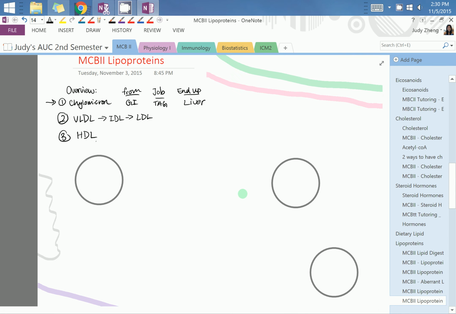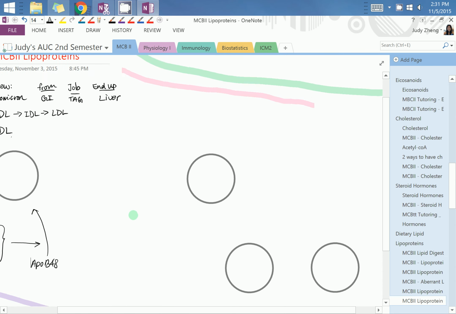The chylomicrons came from the GI. So recall, in the GI you're absorbing a lot of nutrients, so you end up with lots of triglycerides, maybe phospholipids, and cholesterol ester, and they're all packaged along with ApoB48, and then they all become this chylomicron.